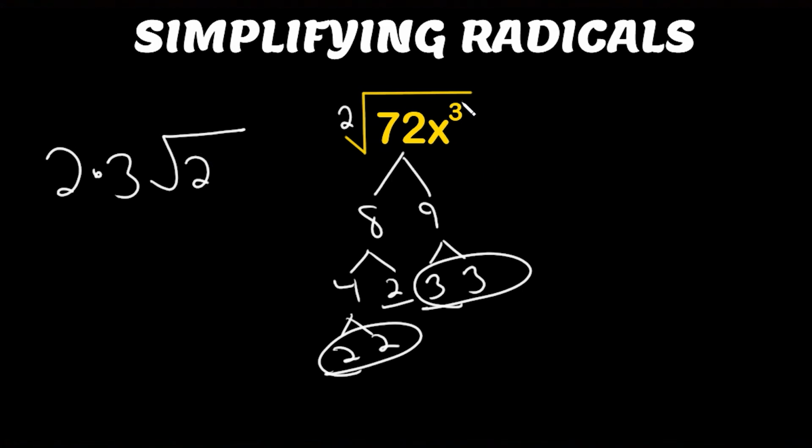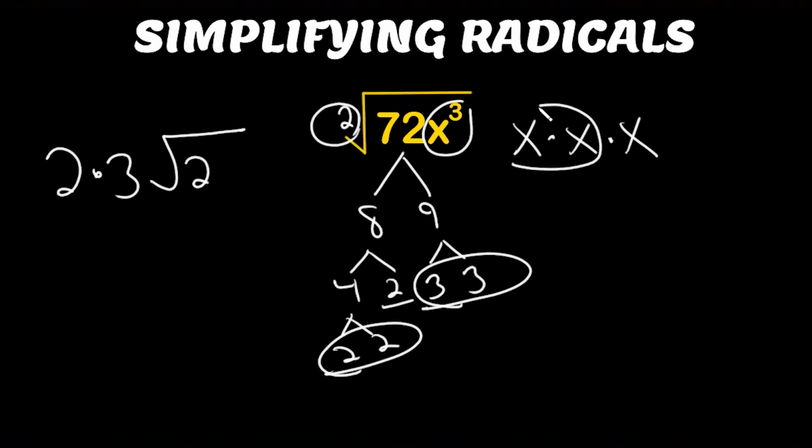And we do have to take care of this variable now. Now, the variable is super easy, okay? What's really going on here? It's really x times x times x to get that x cubed, right? So I have an index of 2. I can see that right here, right? Meaning I need 2 of the same thing to pull it out. Well, I have 2 right here, okay?